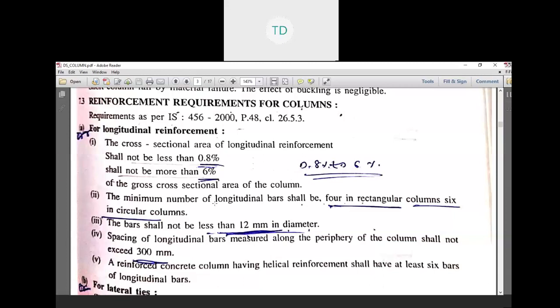Longitudinal reinforcement bars percentage of steel should be between 0.8 and 6, not more and not less than that, of the cross-sectional area of the column. Second point, the minimum number of longitudinal bars shall be 4 in rectangular column and 6 in circular column. The bar shall not be less than 12 mm diameter bar.